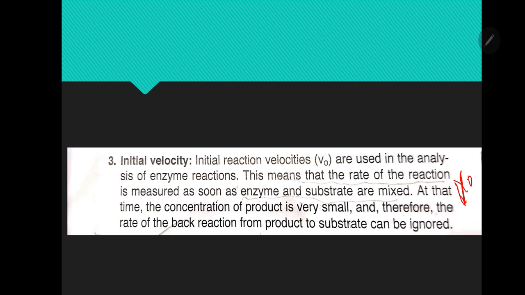The amount, the concentration of the product will be very small. Initially, when the enzyme and substrate have just come into action with each other, the product concentration will definitely be small, and therefore the rate of back reaction from product to substrate can be ignored.